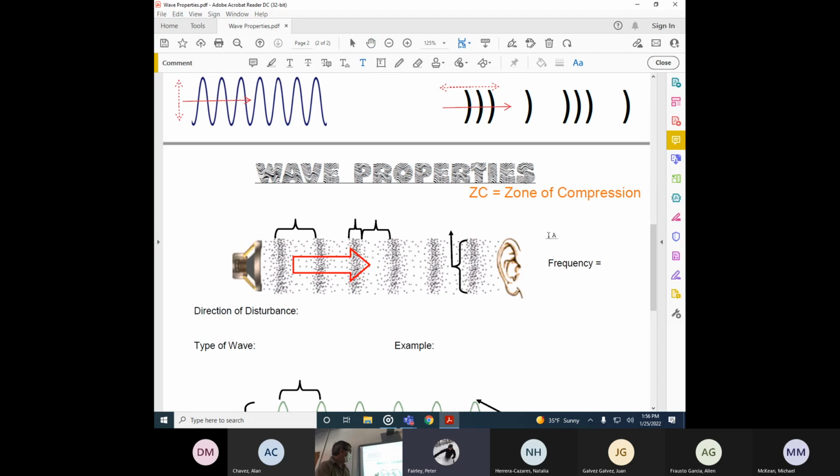Does that seem right? What's the opposite of the zone of compression? ZR, the zone of rarefaction. Yeah. Do you see how many air molecules are squeezed together here?